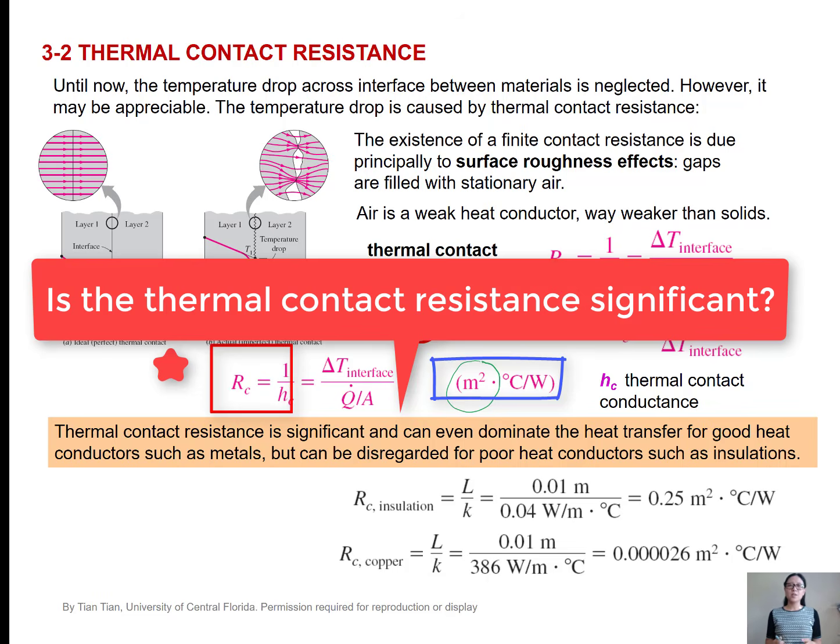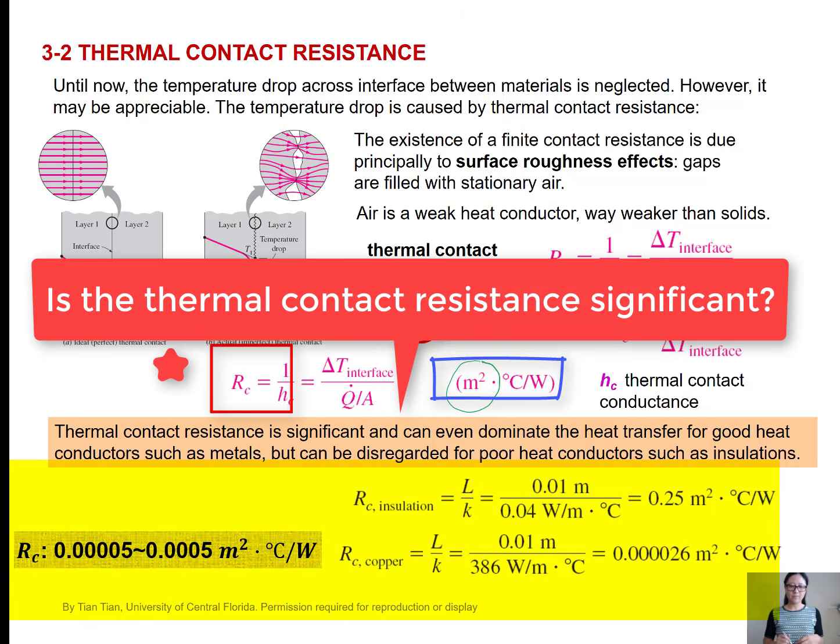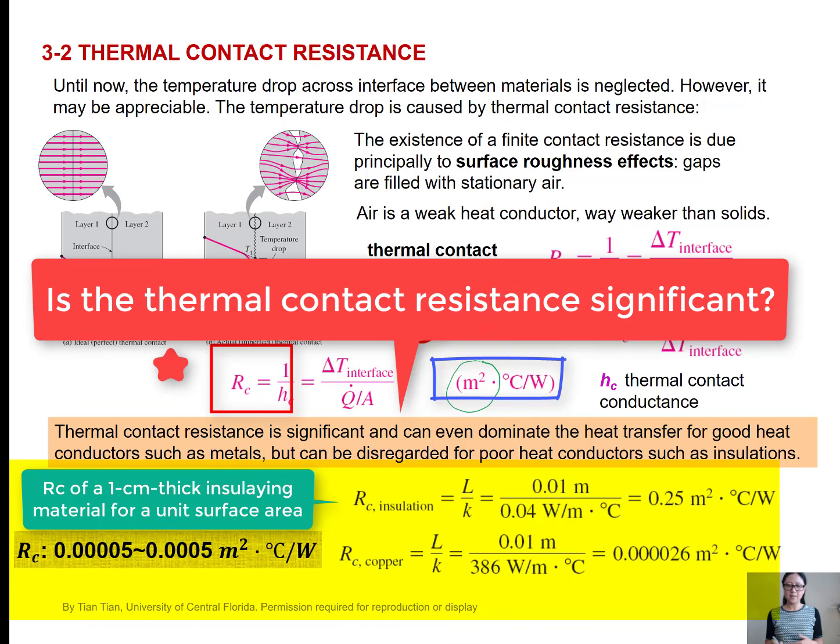So normally, thermal contact resistance falls in this range. Now let's calculate the thermal resistance of a 1 centimeter thick insulating material with typical thermal conductivity of 0.04. So its resistance is at this magnitude.